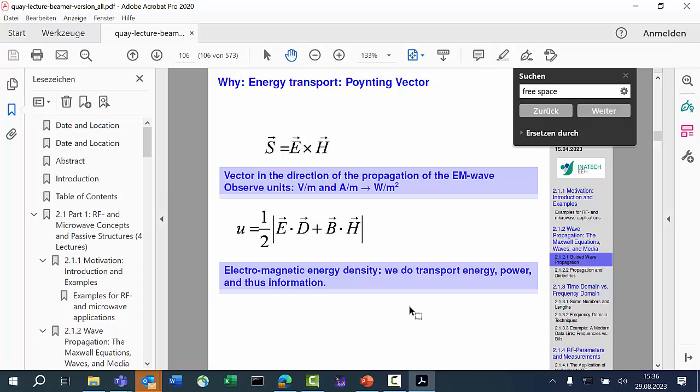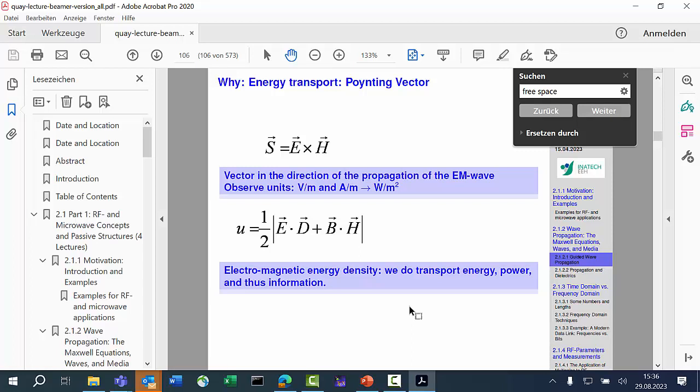And why is that? The unit of the E field is volt per meter. The unit of the H field is amps per meter, which is very helpful. The product of volt and amp is power, it's watts. So it's energy per time per meter, which tells you that something is moving in this direction, because you also got this direction with the cross product.